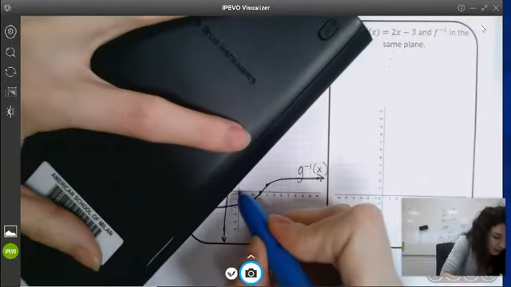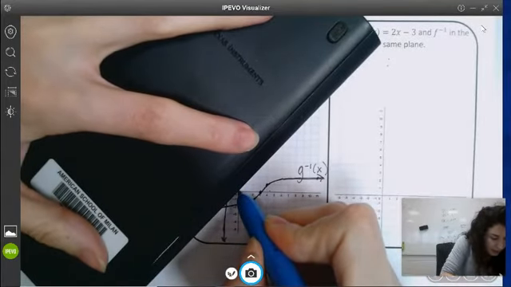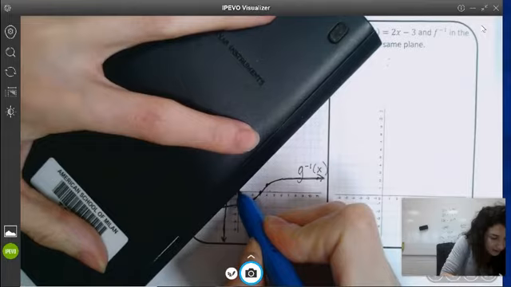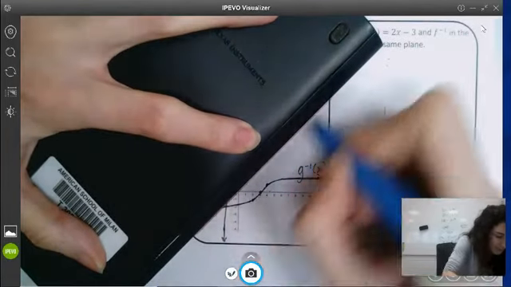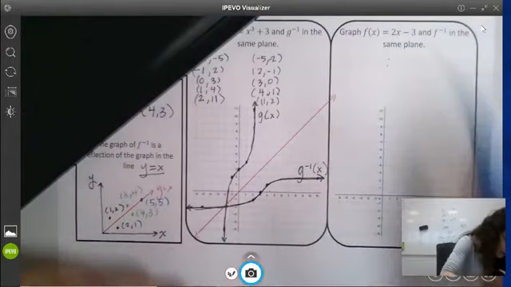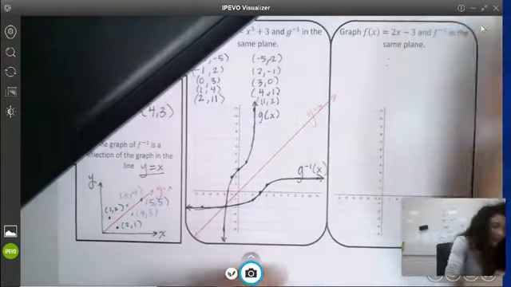So I'm going to go ahead and plot the graph of the line y equals x. And I want to show you a mistake that I made because I didn't notice it until just now. So this is the line y equals x.